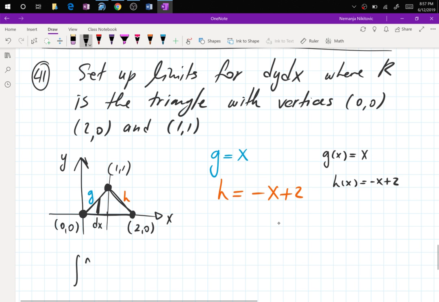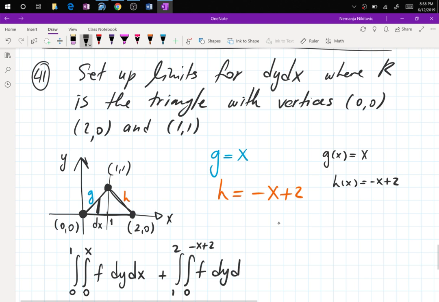So now I'm setting up a double integral of whatever the function goes in here, and it's going to be dy dx. I go from 0 to 1 on x, because g is only one function, right? And then I go 0 to g, which is 0 to x. Plus another double integral, and this one goes from 1 to 2 for the other half, and I go from 0 to negative x plus 2, f dy dx.